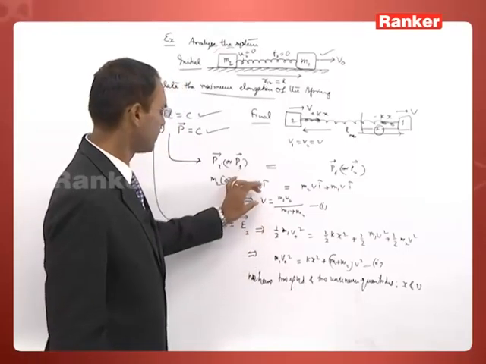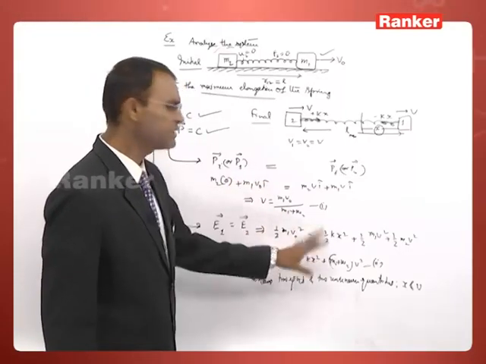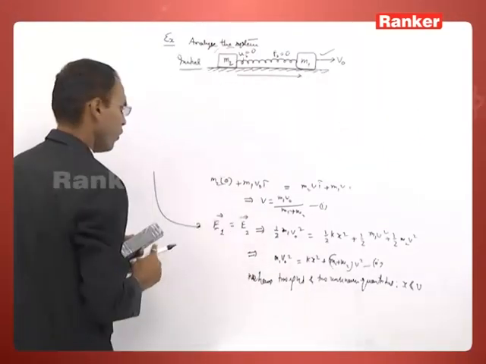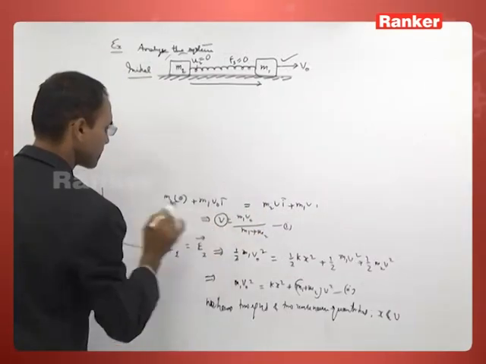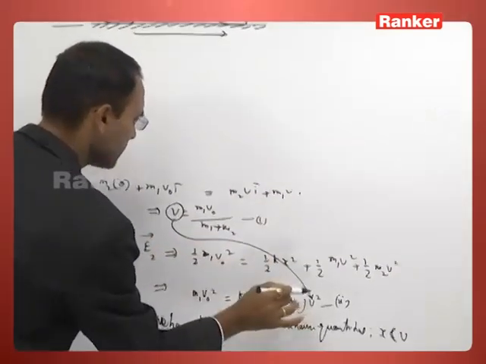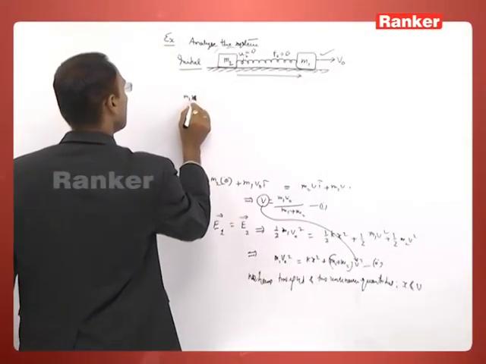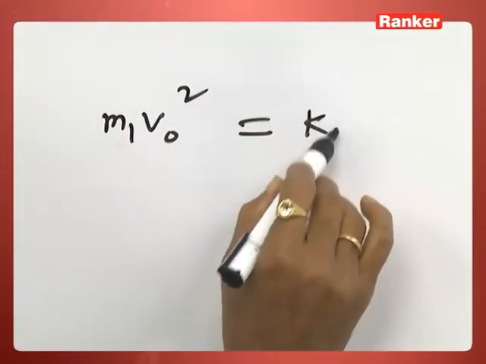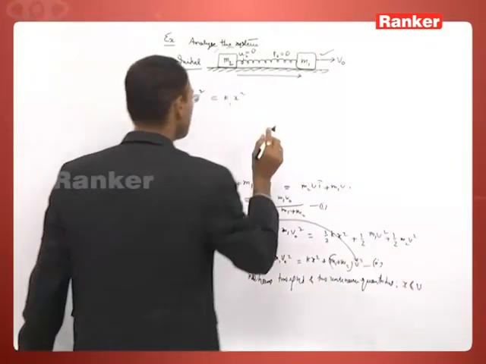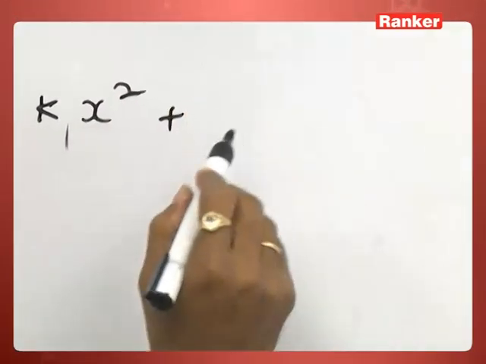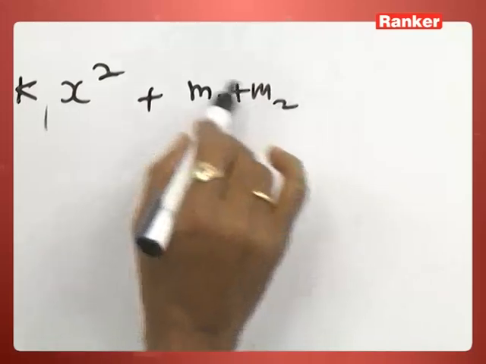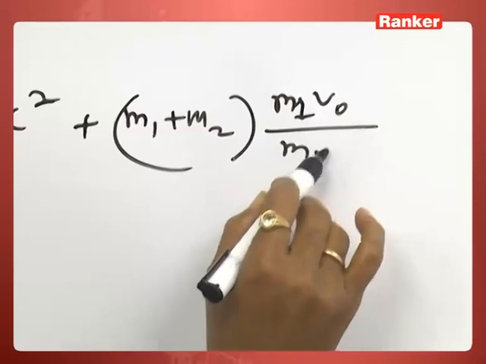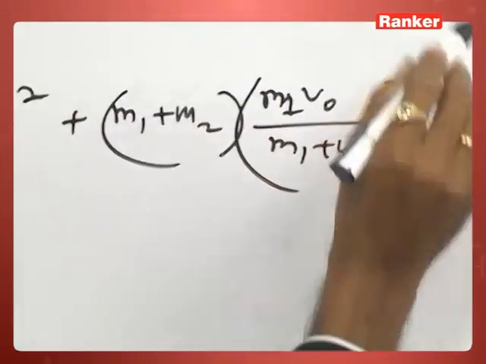Substitute the value of v from the first equation in the second equation and you can get the result. When you substitute, we can write m1 v naught square is equal to kx square plus m1 plus m2 into m1 v naught by m1 plus m2, square of this.